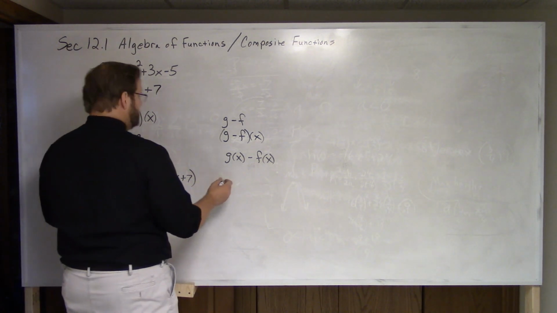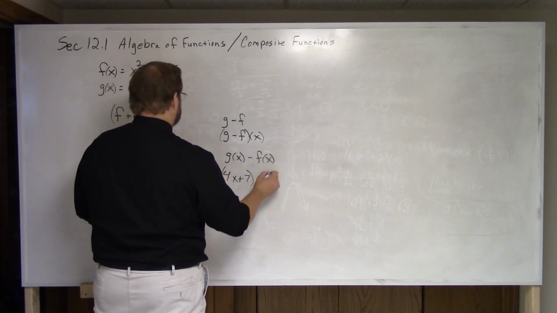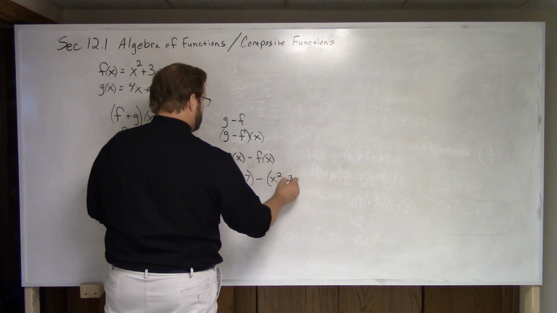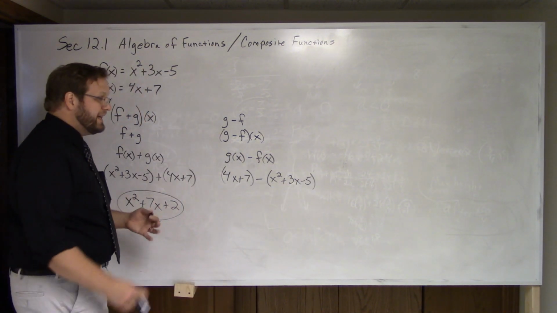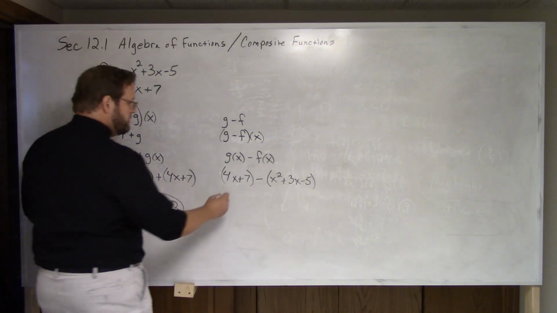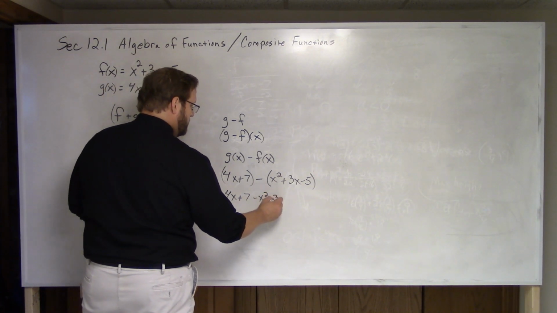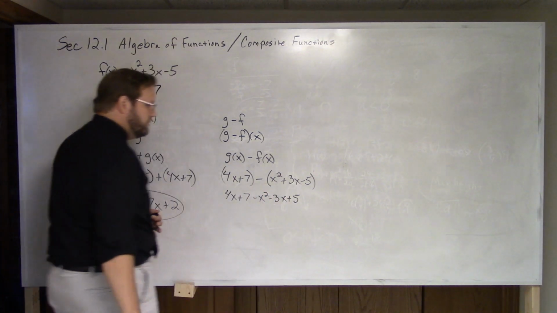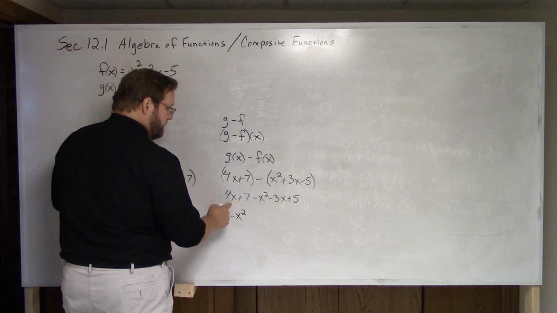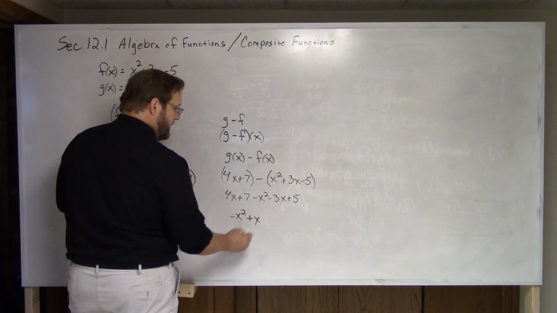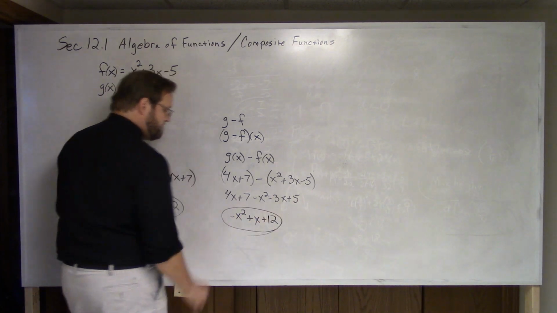So what that would turn into is 4x plus 7 minus x squared plus 3x minus 5. And when we see something like that, it's not just combine like terms. The first thing we would do is distribute that negative, like so, and then we would combine like terms. So negative x squared, 4 minus 3 is just a single x, and then 7 plus 5 is 12. And there we go.